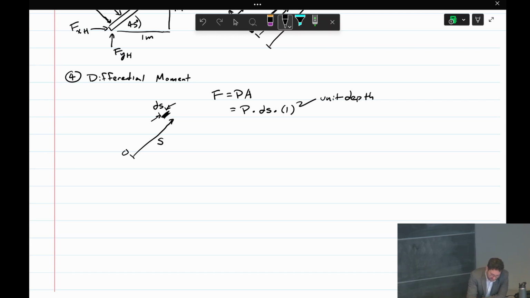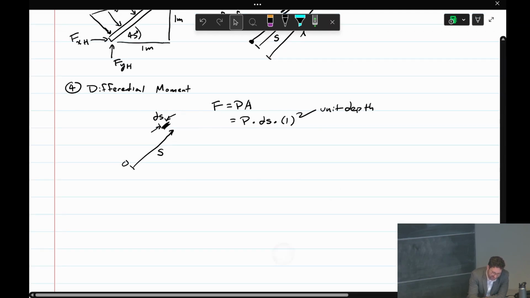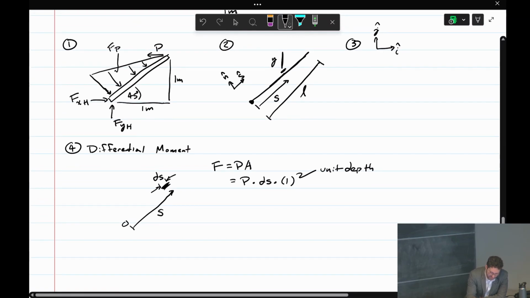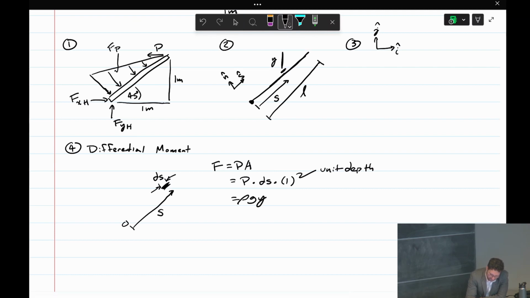Now the pressure at ds, we're able to calculate now the pressure in a fluid based on the depth. So the pressure here is just going to be rho g y, the way I defined it here, times ds. I'm going to get rid of the times 1.